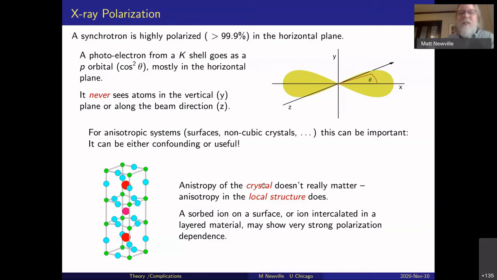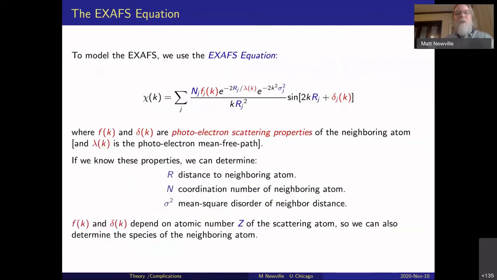Sometimes this is very important, and sometimes it doesn't matter at all. I'm going to ignore it for the rest of this lecture and data sets, but it can be very important. You could think about that being folded into the value of F, that the value of F should just be 0 if the atom is displaced vertically from the absorbing atom.